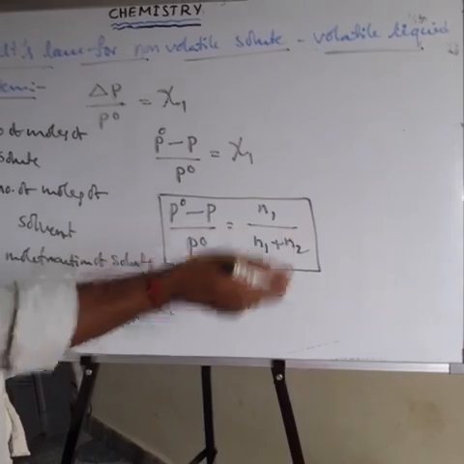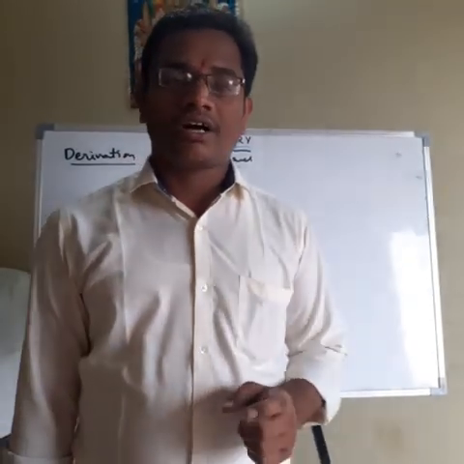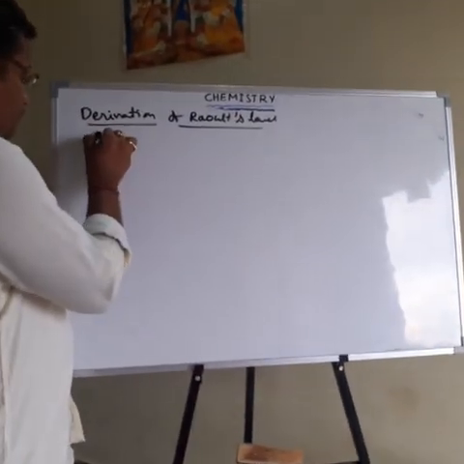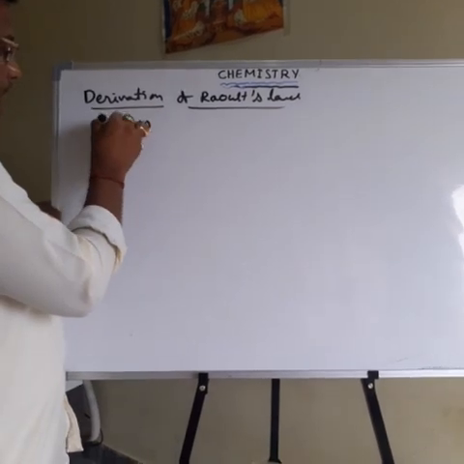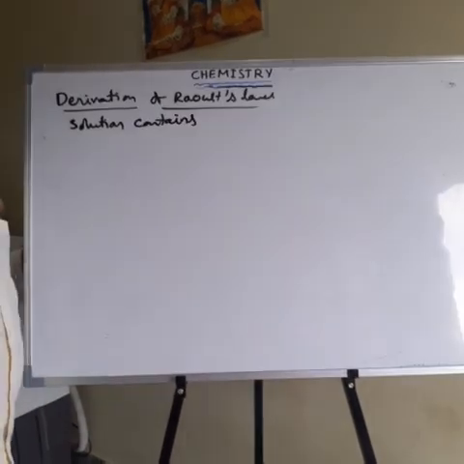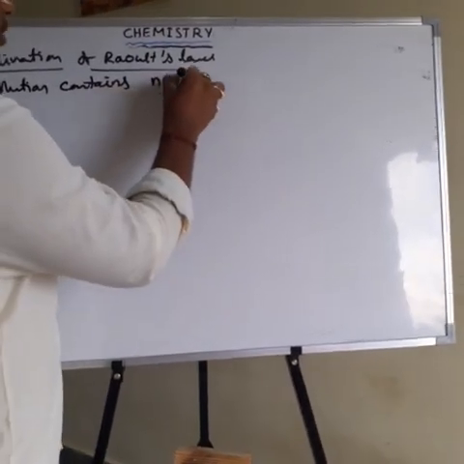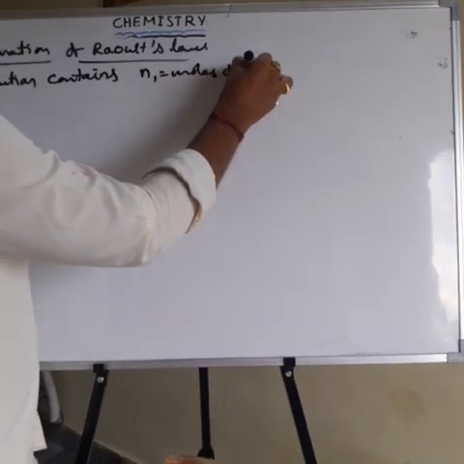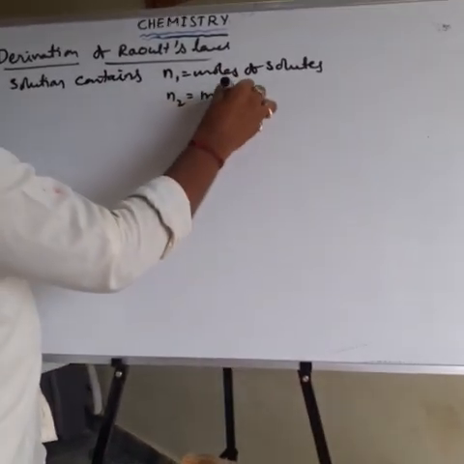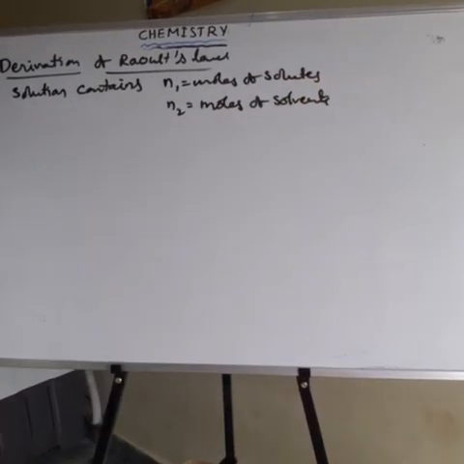So that is the next one, derivation. This is the derivation of Raoult's law for the solution containing non-volatile solute particles. Generally the solution contains solute and solvent. The solution contains N1 moles of solute particles and at the same time N2 moles of solvent particles.